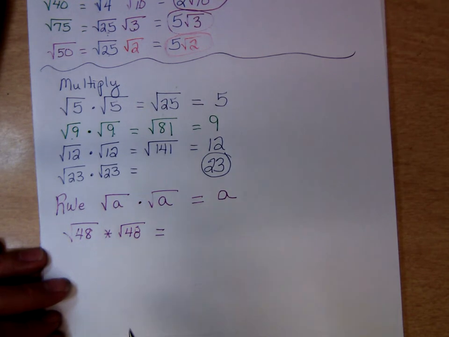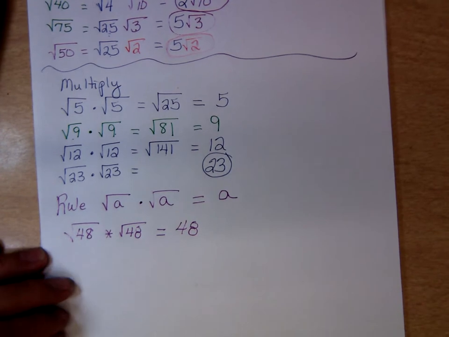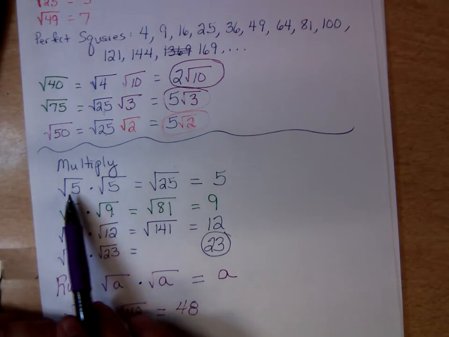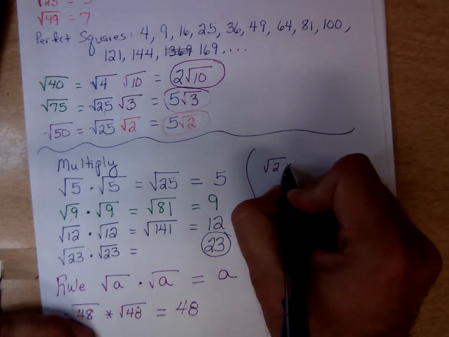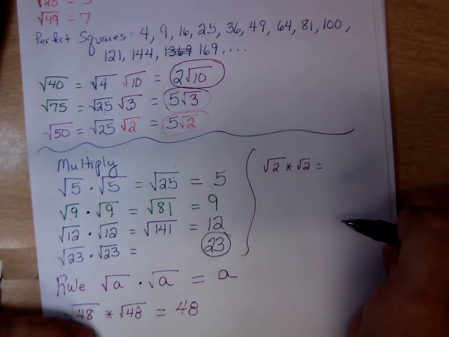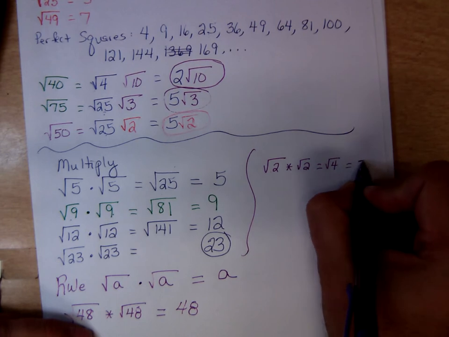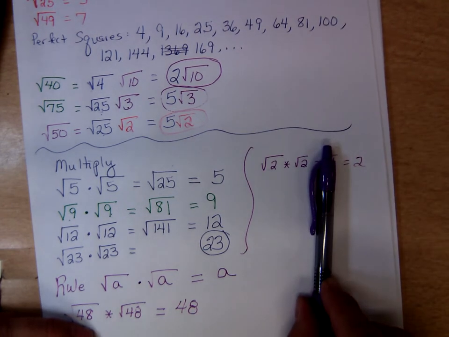You just say, okay, it's 38. And you can convince yourself of that if you just do it with smaller numbers. Like the square root of 2 times the square root of 2. Well, 2 times 2 is 4. The square root of 4 is 2. So you don't need to show that step. Okay? With those.